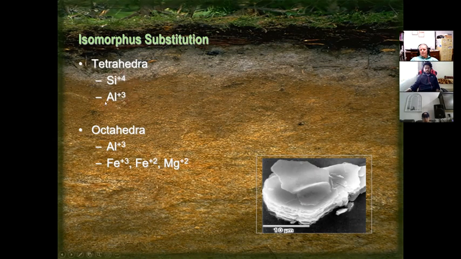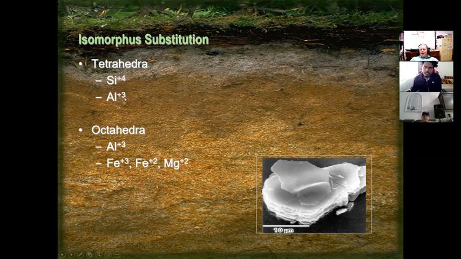Look at the charge. What's the difference? Well, one of them has more. Yeah. Plus one. So we're going from a system where we've got a +4 charge to a system now where we've got a +3 charge.